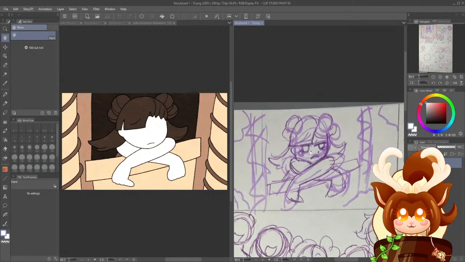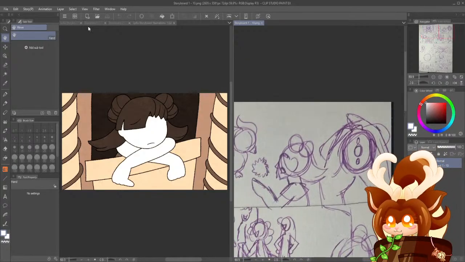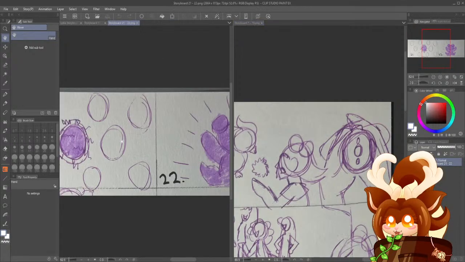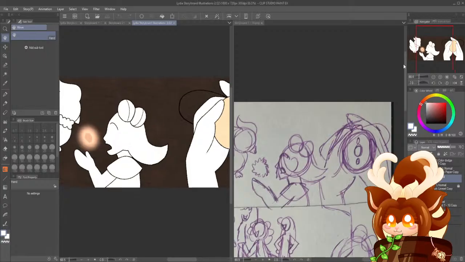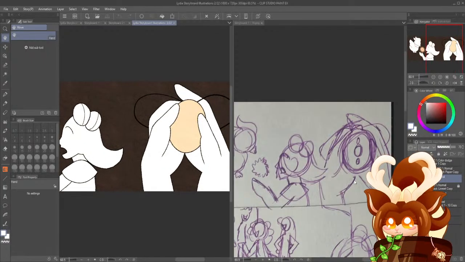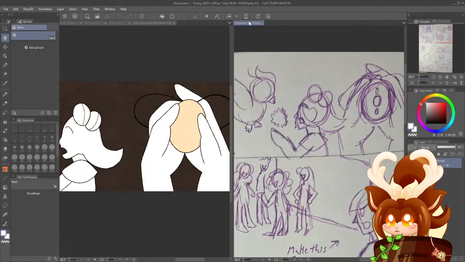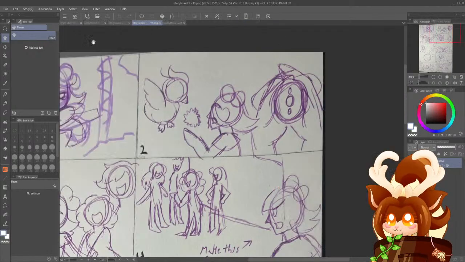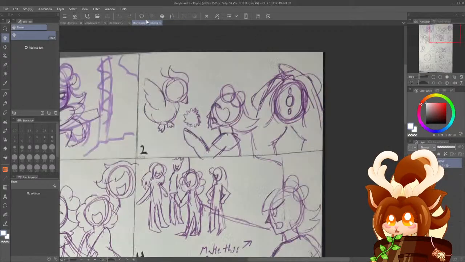Some of them were directly drawn over, and then others I had to redraw. But as you can see, here's the other one. Just to show you an example, that's kind of how I did the storyboarding.